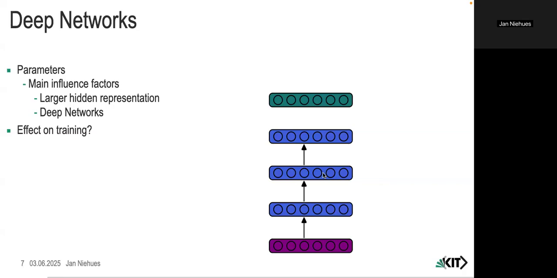The other way to increase your parameters is, of course, going deeper. So instead of having 5 layers, you can have 10 layers. What will this do to your parameters? Yes, that will extend linearly. If you have double as many layers, you have double as many parameters. So you're scaling linearly there.